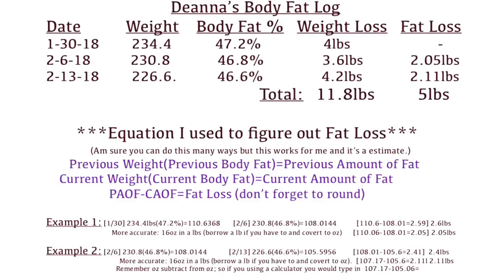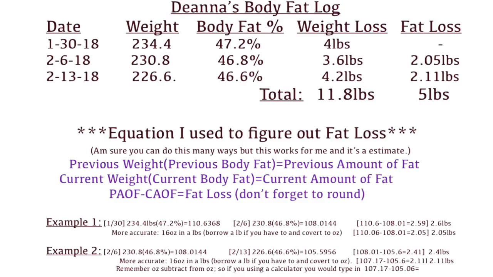Because if you put 110.6 minus 108.01, it's going to give you a different number. But if you put in 110.06 minus 108.01, it's going to give you, I'm sorry, this thing went different.